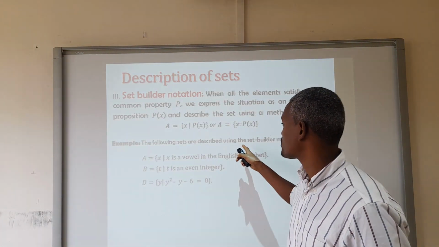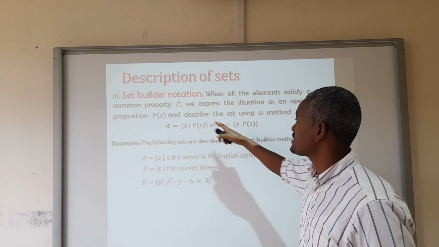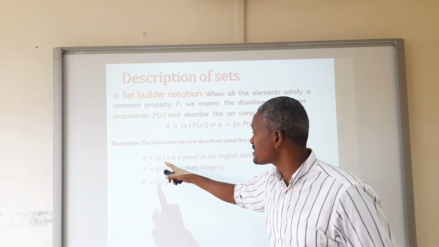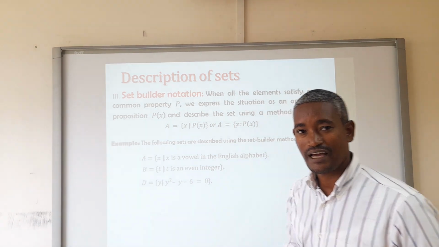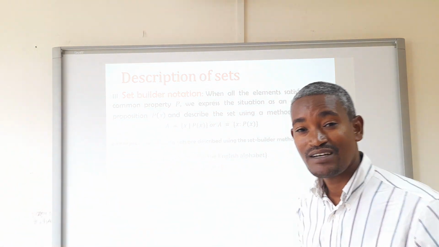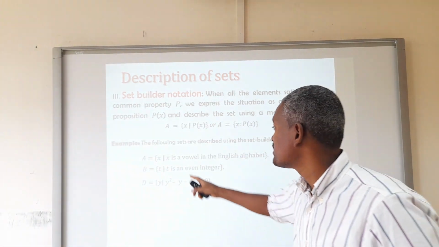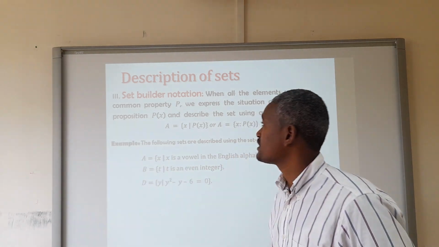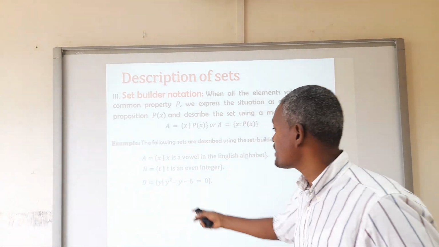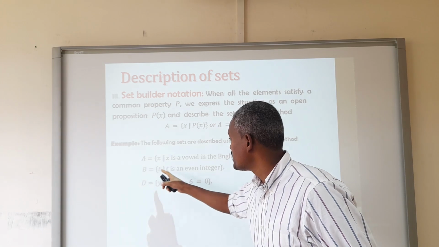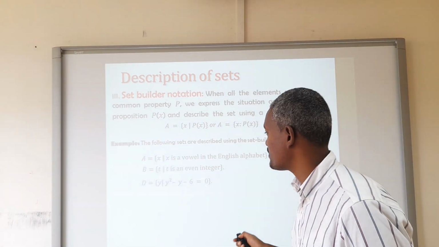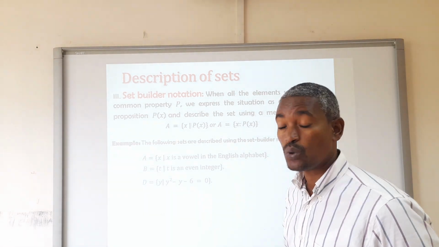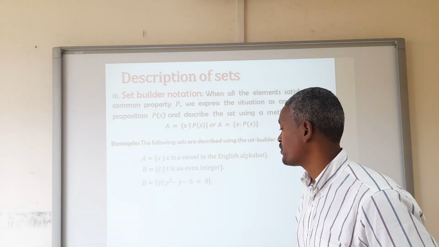The following are examples of describing a set using set builder notation. A = {x | x is a vowel in the English alphabet}, which is a finite set, but we can represent it using set builder notation. And the other one, the set B = {t | t is an even integer}, which is also a representation using set builder notation.